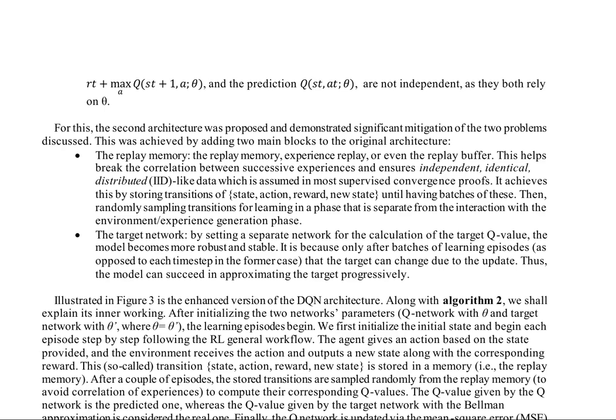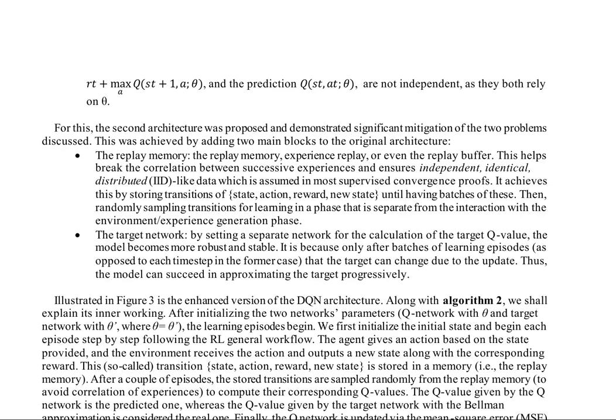This approach breaks the correlation between successive experiences, aligning with the assumptions of most supervised convergence proofs. The target network, a separate network for calculating the target Q value, enhances the model's robustness and stability. Its parameters are updated only after batches of learning episodes, rather than at each time step, allowing for progressive approximation of the target. This design choice addresses the moving target problem.